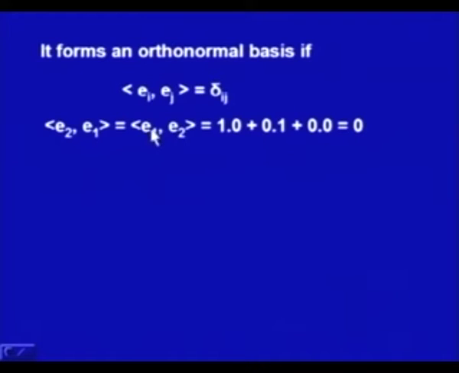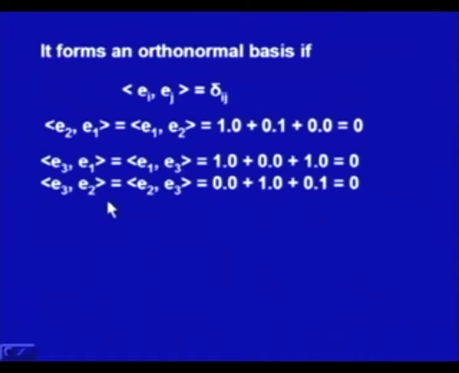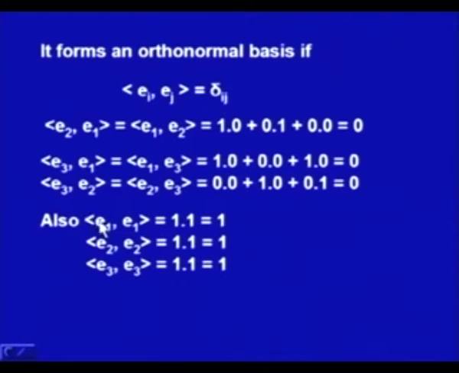E1 comma E2 is equal to 1 multiplied by 0 plus 0 multiplied by 1 plus 0 multiplied by 0, that is 0. Similarly, the inner product of E3 and E1 is the same as the inner product of E1 and E3, and this is also 0. The inner product of E3 and E2 is the same as the inner product of E2 and E3, and this also comes out to be 0. Further, the norm of E1 squared is the inner product E1 comma E1, which is 1 multiplied by 1, and that comes out to be 1.